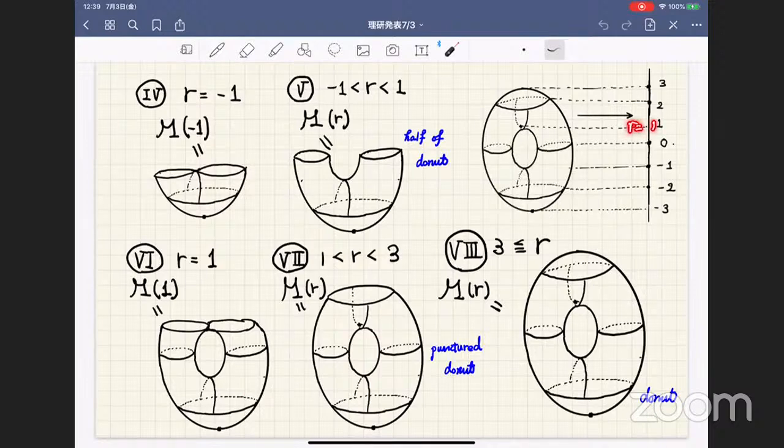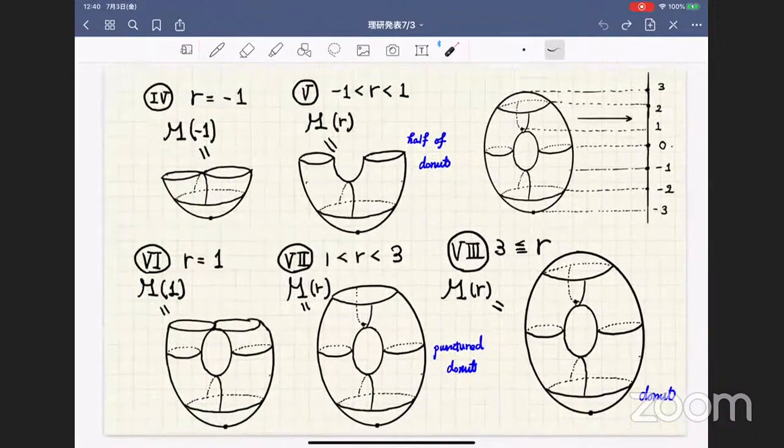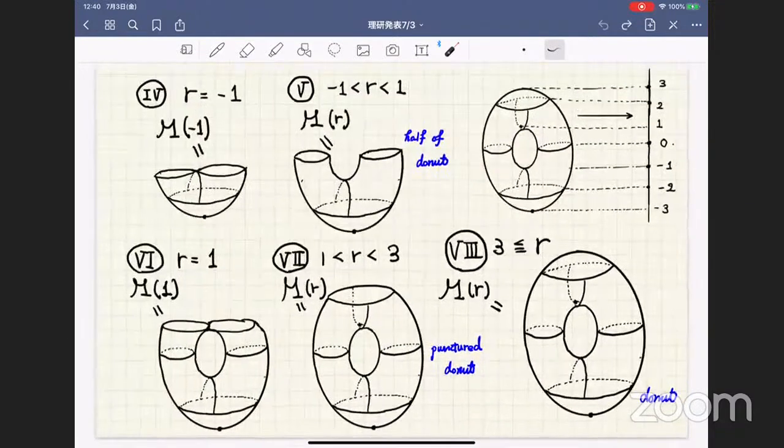When r is equal to 1, we have this picture. If r is greater than 1 and smaller than 3, then we have a punctured donut. And if r is greater than 3, then we have the donut itself. Okay, so this is the observation of the sequence of spaces M_r.